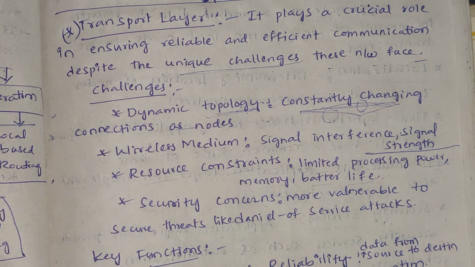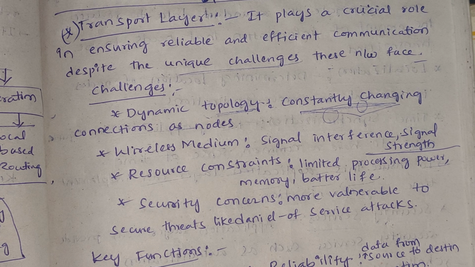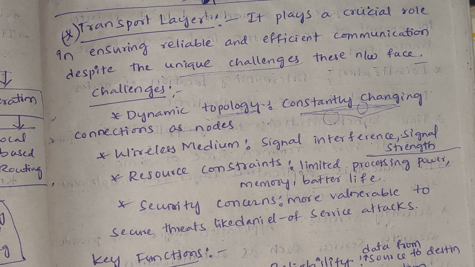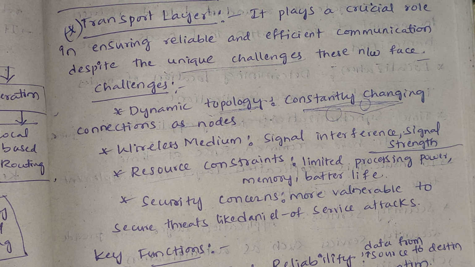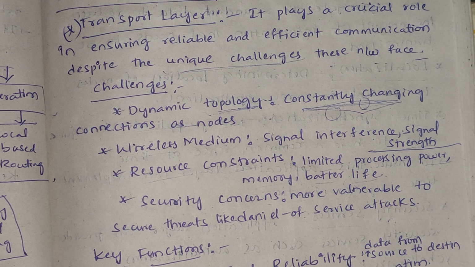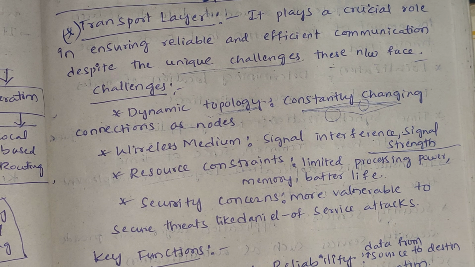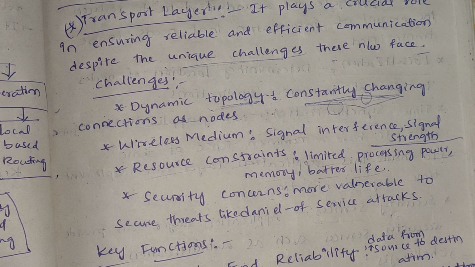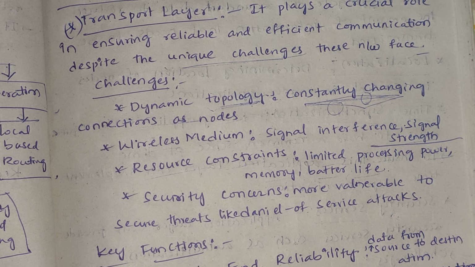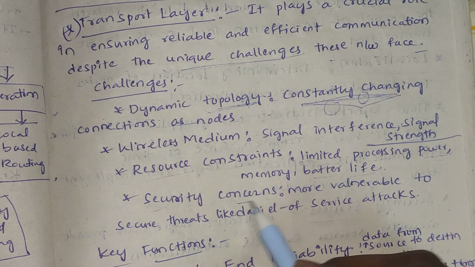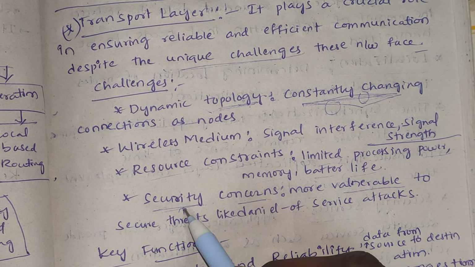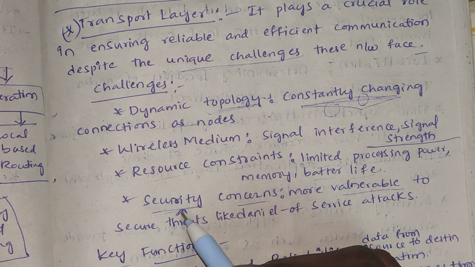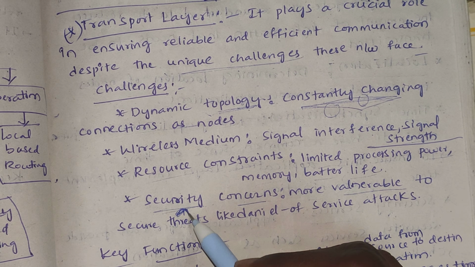As I already told, security and energy efficiency are challenges of the upper layer, and we work with limited resources in the transport layer, with security concerns and more vulnerabilities. Security is limited, as I told in previous videos.